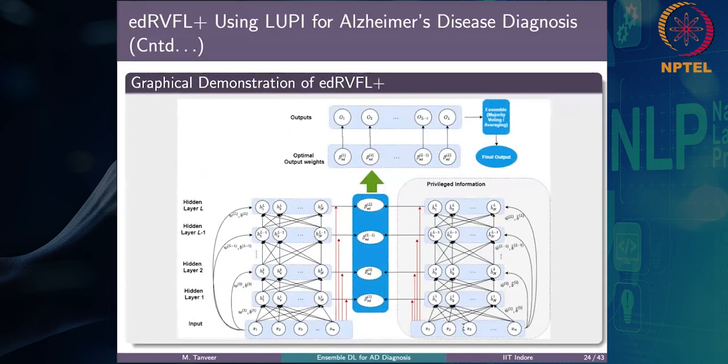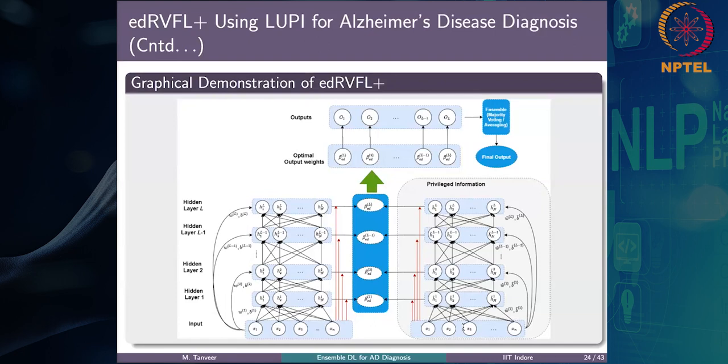It is also generated by an L-layer architecture where we input the original features. However, the privilege component of the given architecture uses a separate set of weights and biases, that is W tilde_i, B tilde_i. They are generated randomly and kept fixed, and different activation functions are used in the privilege component.